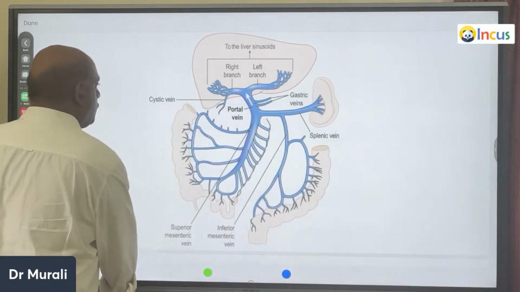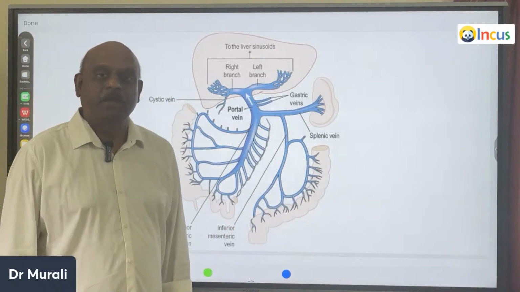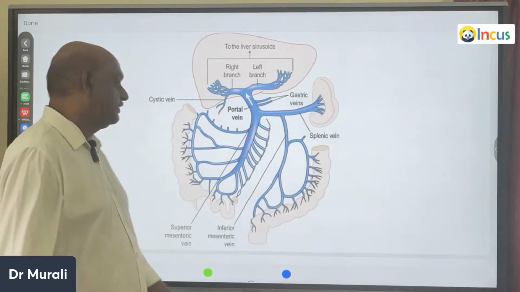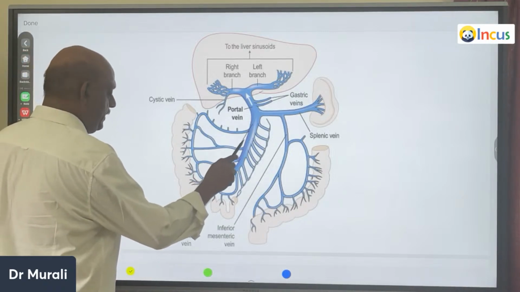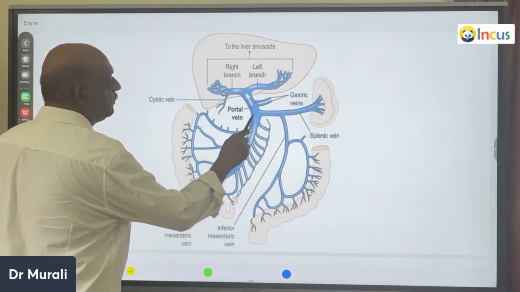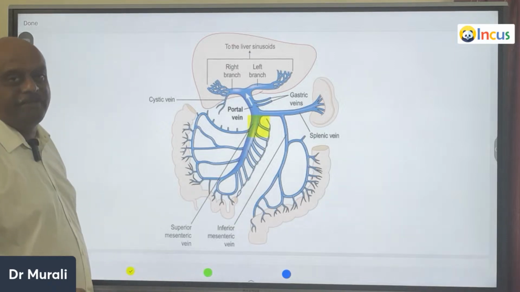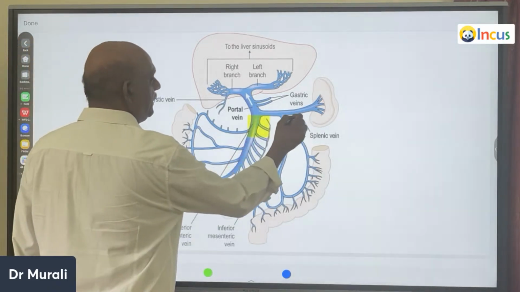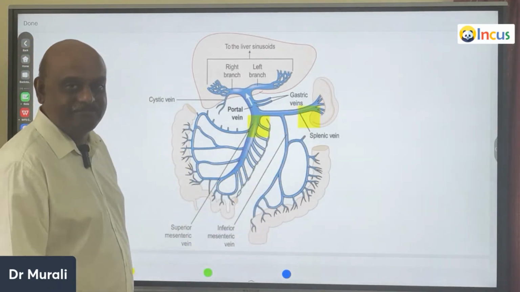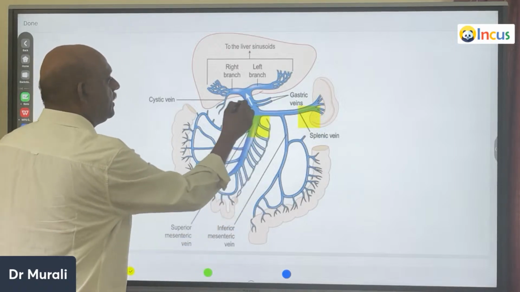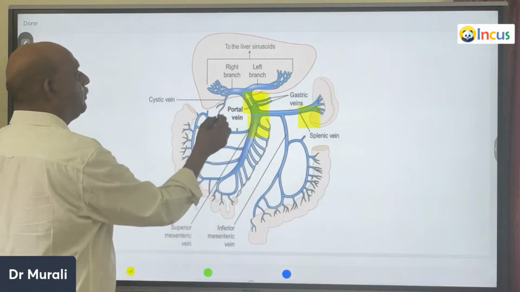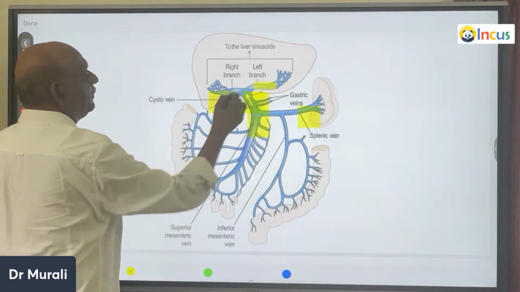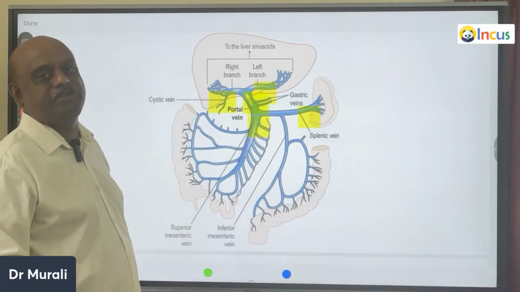Good. So, doctor, how is the portal vein being formed? You need to know that there is a superior mesenteric vein, and here you have the splenic vein, and together they merge to form the portal vein, and the portal vein in turn will divide into the right and left branches.